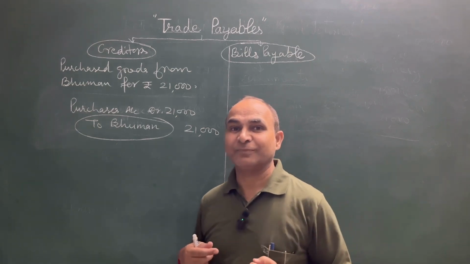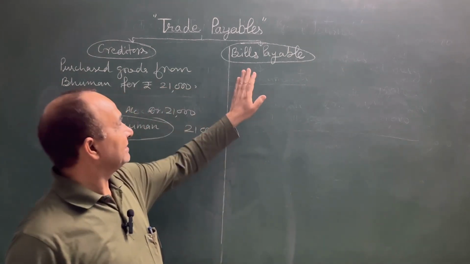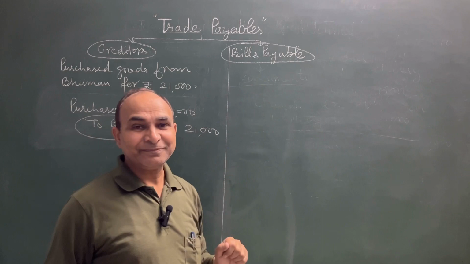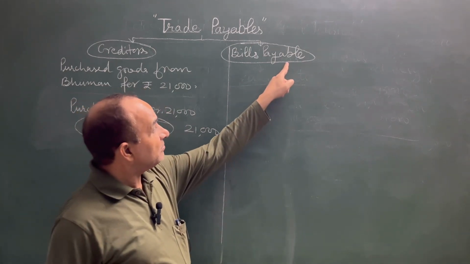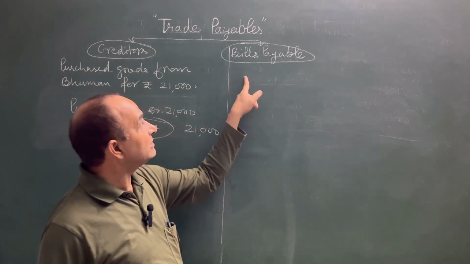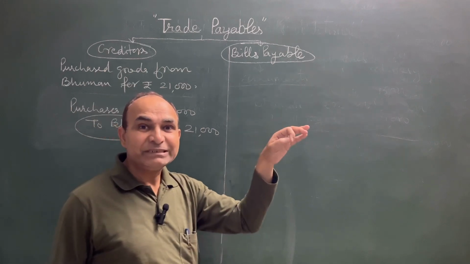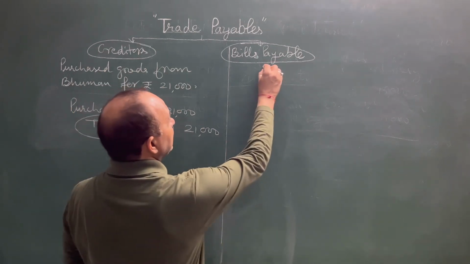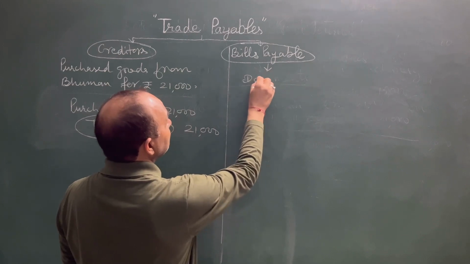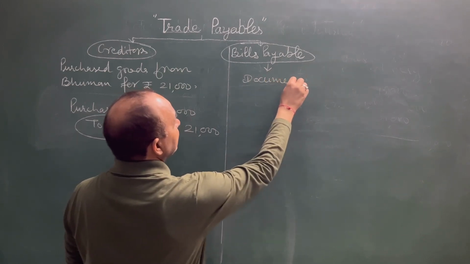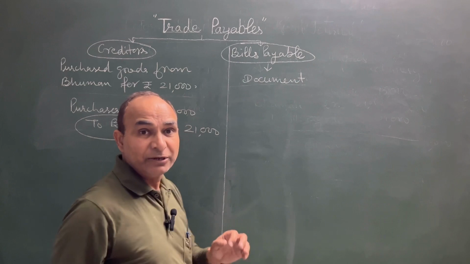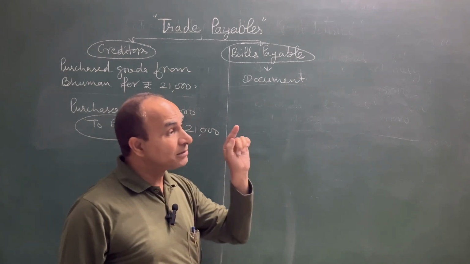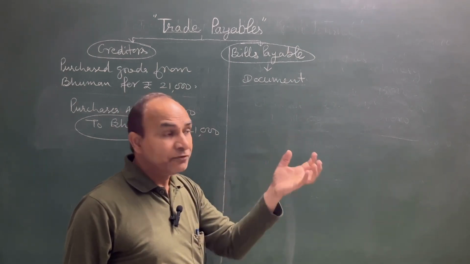But what is this bills payable? Bills payable means the amount is to be paid and that is mentioned on a bill. So simply you try to understand, bills payable is a written document, students. Bills payable is a written document which is prepared by the supplier of goods from whom we bought the goods.